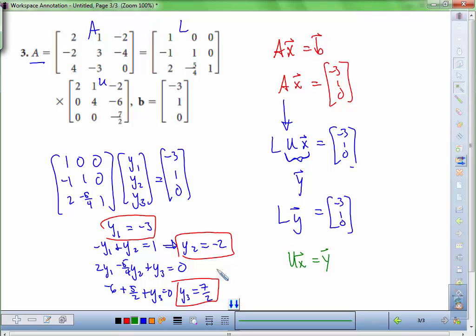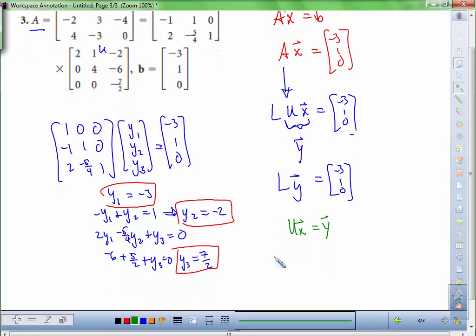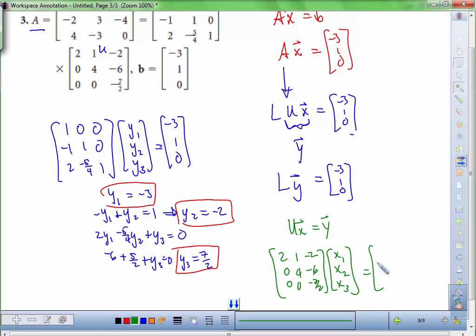So U was 2, 1, minus 2, 0, 4, negative 6, 0, 0, negative 7 halves. X is your unknown at this point. And the y that you just got is going to be your y vector, minus 3, negative 2, 7 halves.